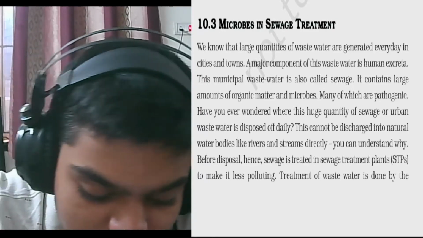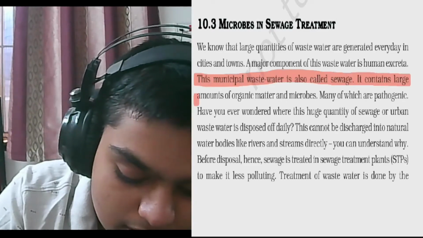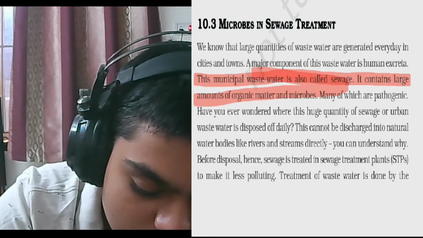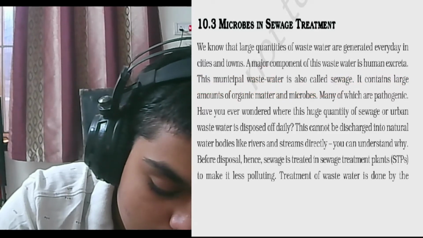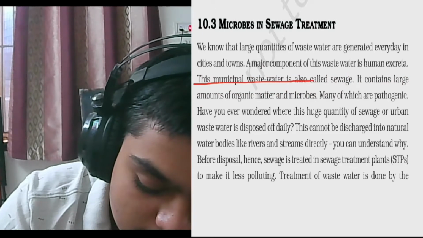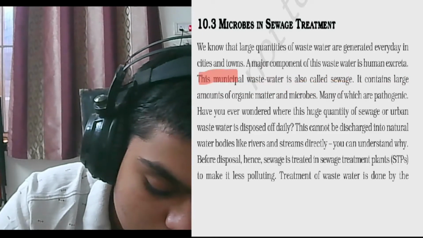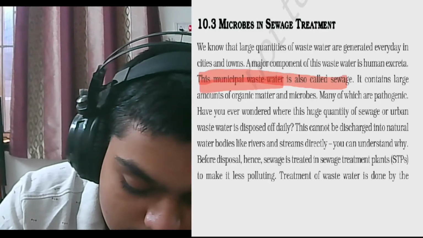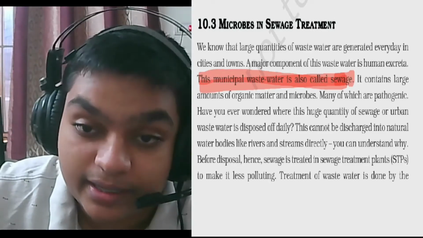Before going to these sewage treatment plants, let's see the meaning of sewage. This is the meaning of sewage. Okay, let me take the marker. See, this sewage contains much organic matter and microbes.